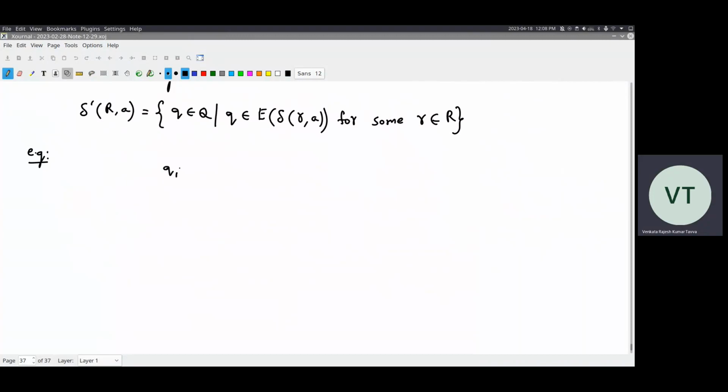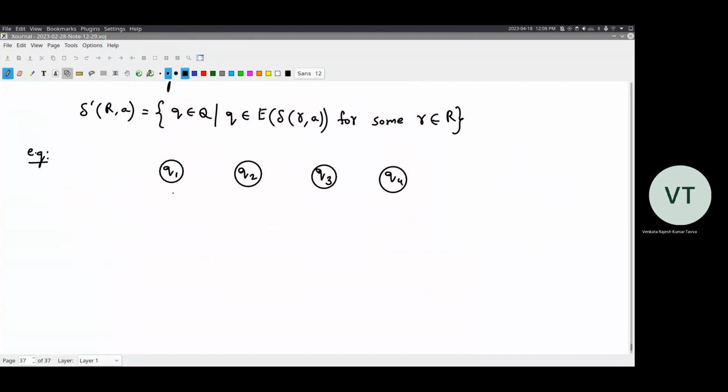So let's assume there are 4 states. And Q1 on 1 goes to Q2, Q2 on epsilon goes to Q3, and Q3 on epsilon goes to Q4.